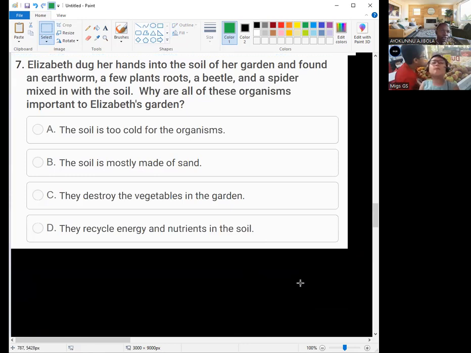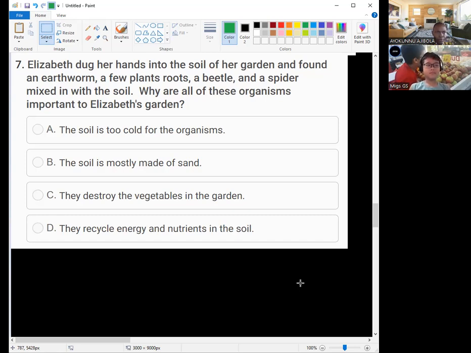Elizabeth dug her hands into the soil of her garden and found an earthworm, a few plant roots, a beetle, and a spider mixed in with the soil.